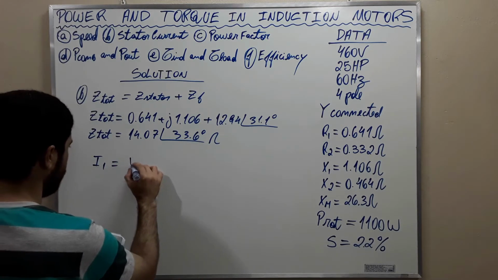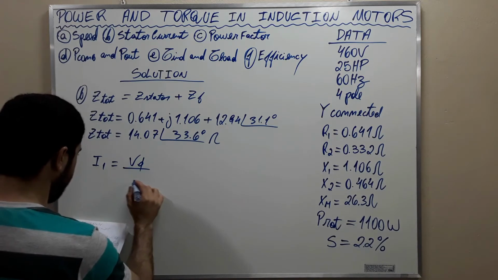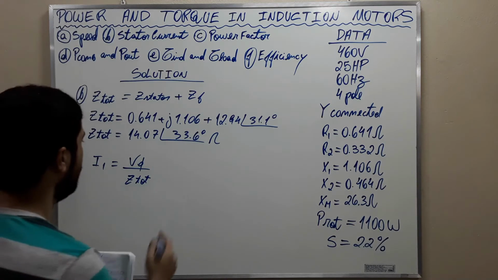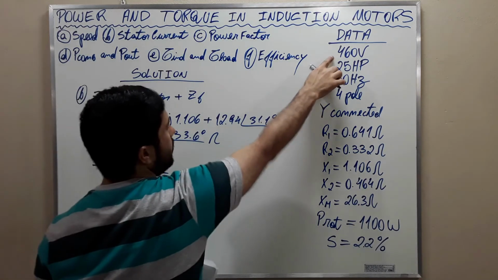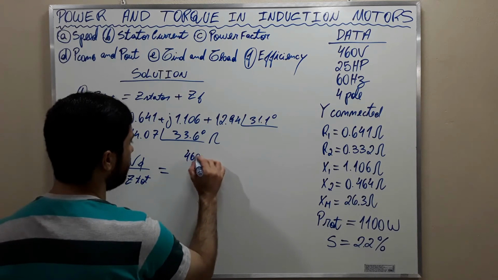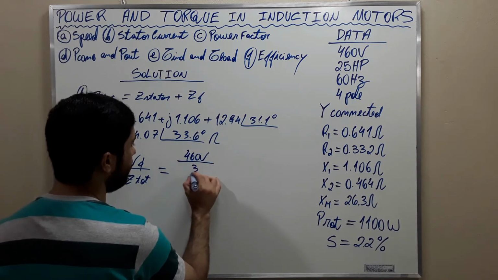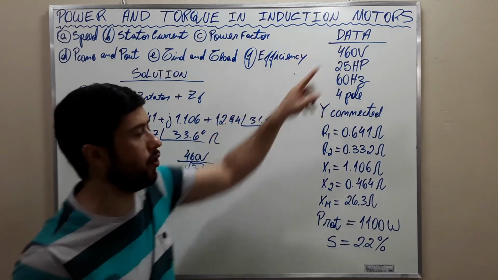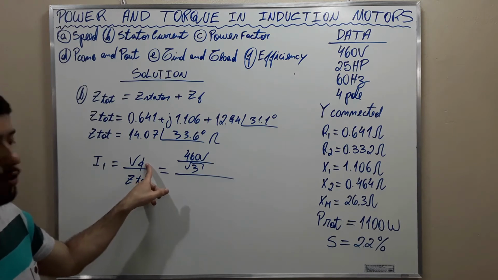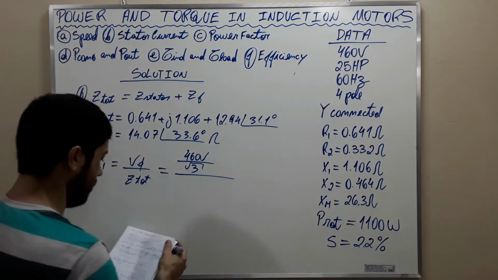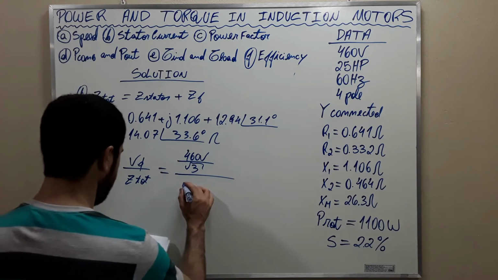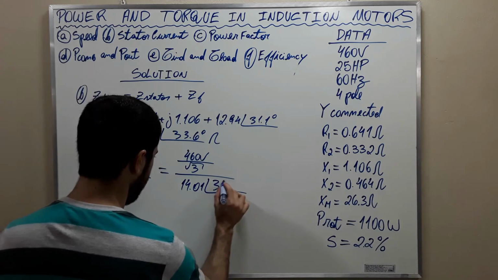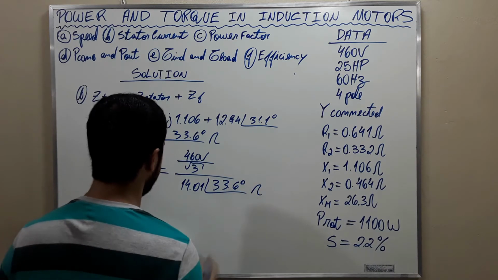I1 is equal to V phase divided by Z total, which is equal to, you take this value here, 460 volts, you divide it by the square root of 3, because this is a line voltage, we want a phase voltage, and the total impedance is 14.01 in the phase 33.6 degrees ohms.